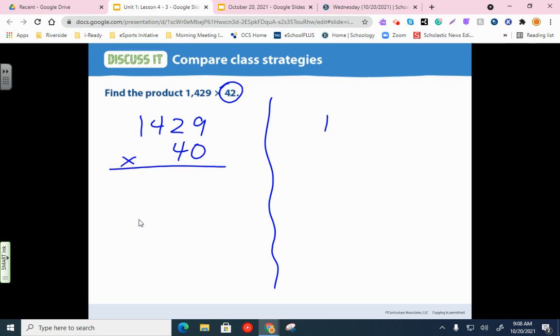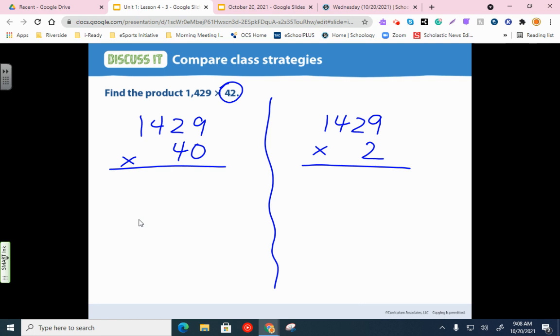And over here, let's do 1,429 times 2. Sometimes students will ask me why I don't put commas here, like between the 1 and the 4 for 1,429. I try to not use that so kids don't get confused about decimal points and the commas. So yes, you could put it there, but for me, I don't do that, just for that reason.